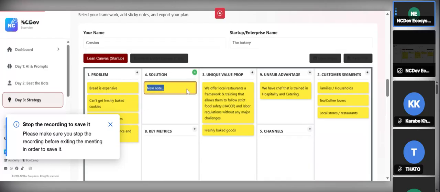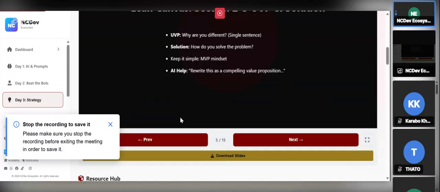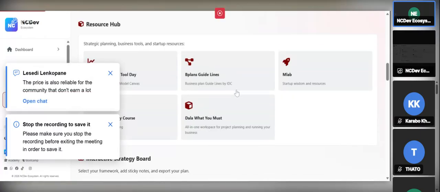So then we move to the solution now, right? And our solution would then be how do we solve the problem?